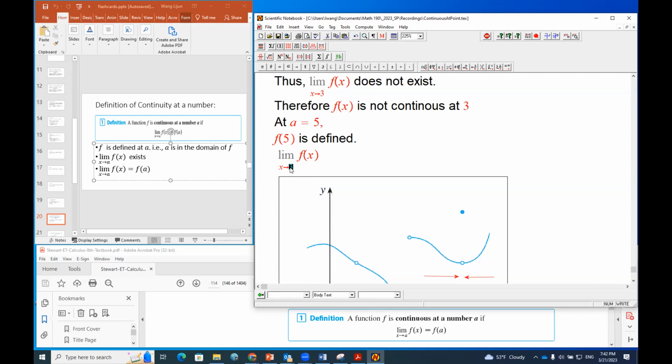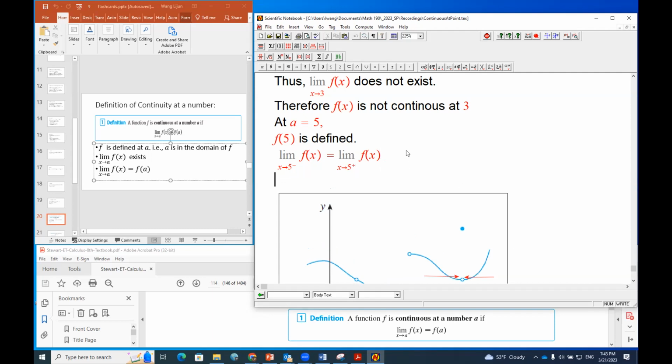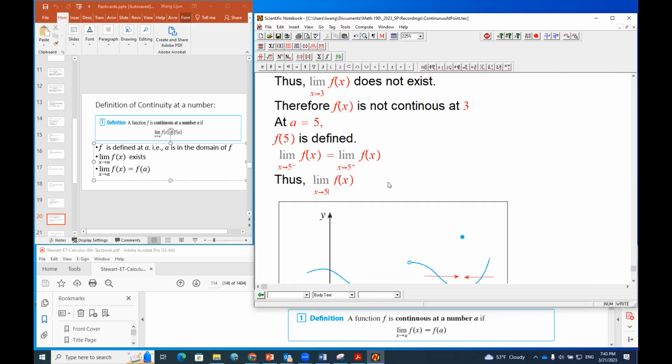They both exist, right? Thus, the limit at 5 exists.